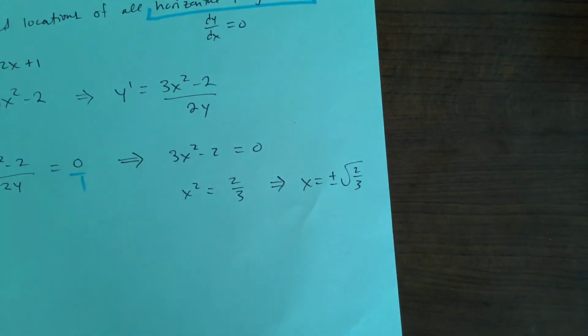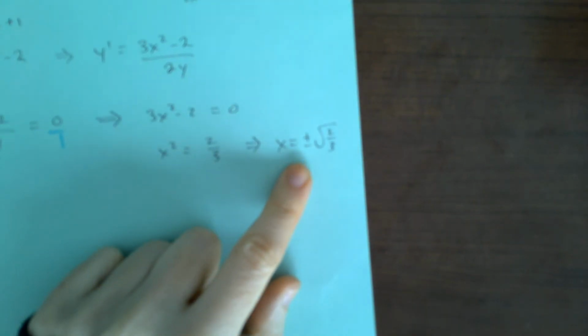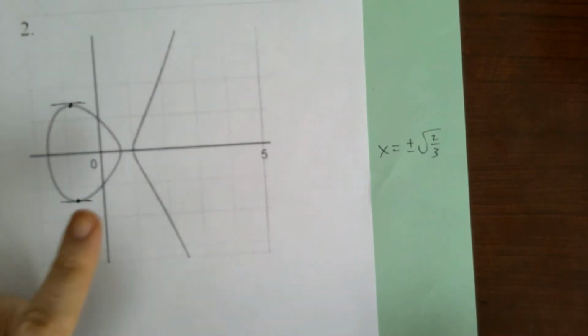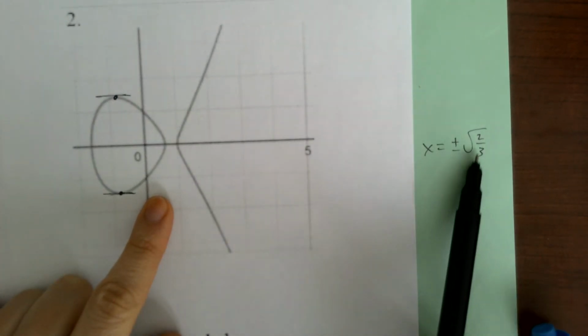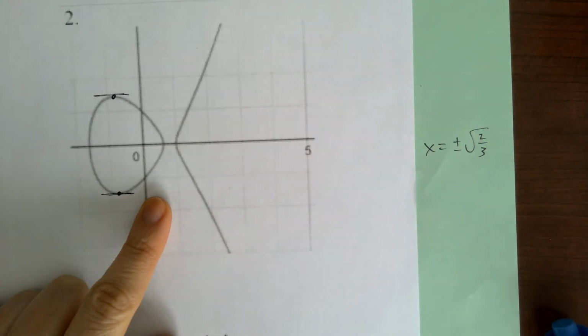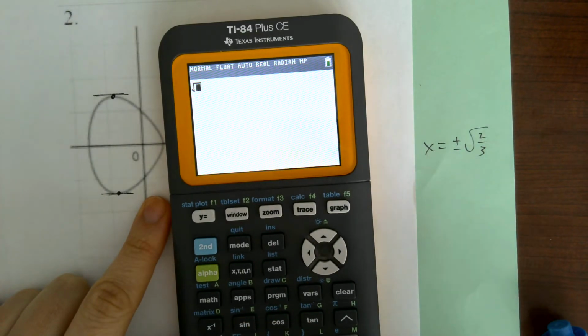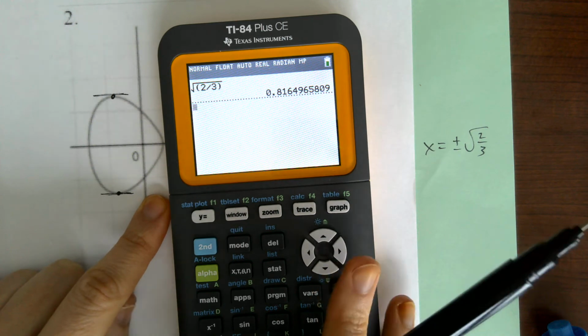Now here is the thing, and this is why I provided the graphs to you. One of these answers is actually extraneous, because if you look at this graph, the negative radical 2/3, let's figure out radical 2/3, 0.8164, and so on.